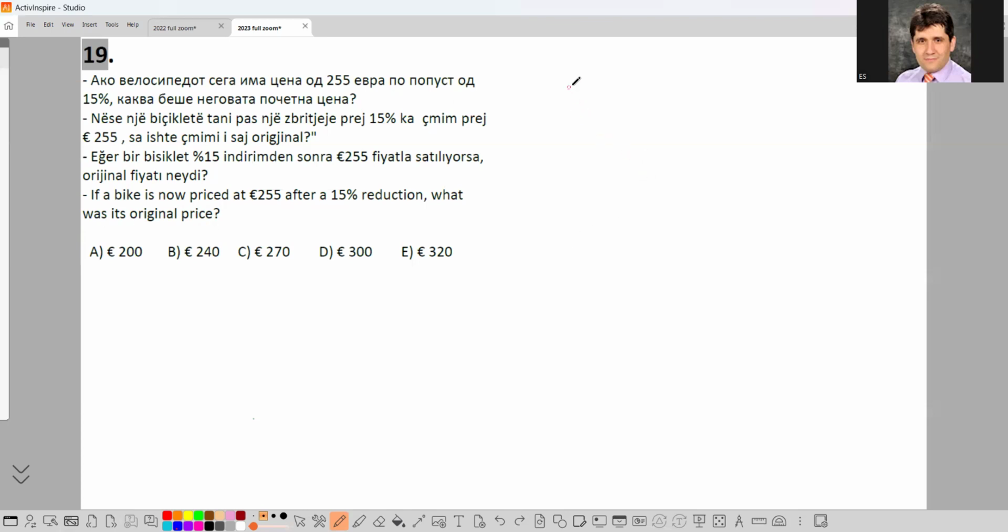All right, so we can assume that the initial price was X, and because this was reduced by 15%, we can multiply it by 1 minus 15%. Now, why 1 minus 15%? 1 is the total price. So you can write it otherwise as X minus 15 over 100 X. However, this would be 255.